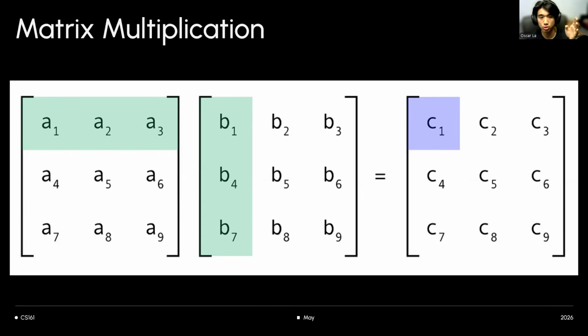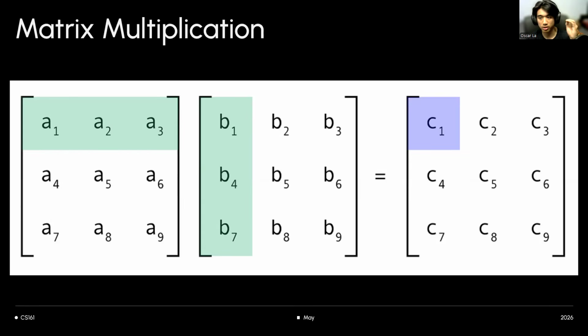So what we need to do is multiply A1 with B1, and then add that with A2, B4, etc. And you can see how work intensive that is.